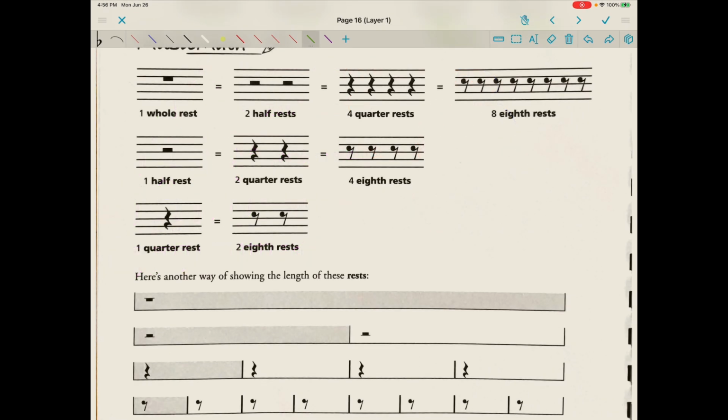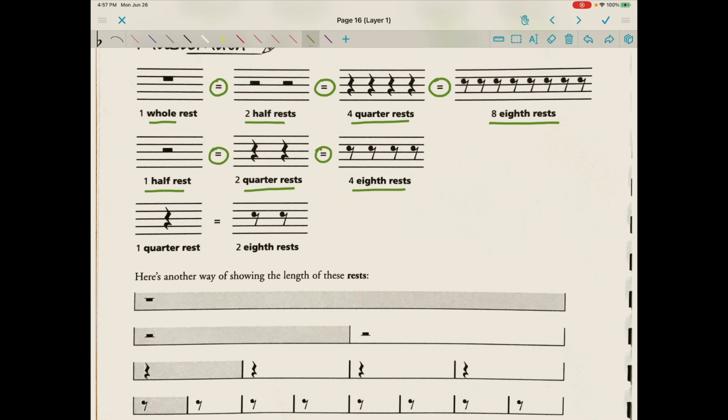All right, so we're just going to look back now at our lesson and go through their music math equivalents here. 1 whole rest would be equal to 2 half rests, equal to 4 quarter rests, equal to 8 eighth rests. Bit of a tongue twister, okay? Starting with 1 half rest, equal to 2 quarter rests, which would be equal to 4 eighth rests, okay?